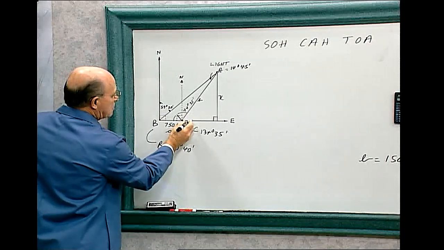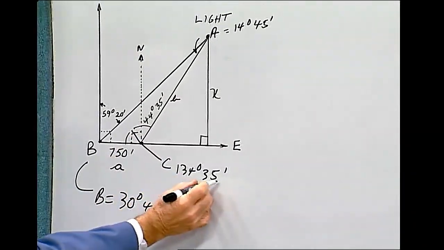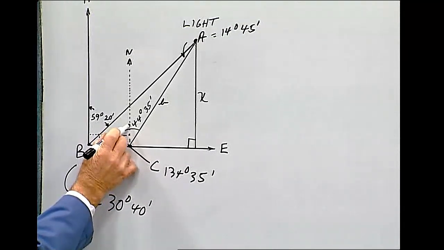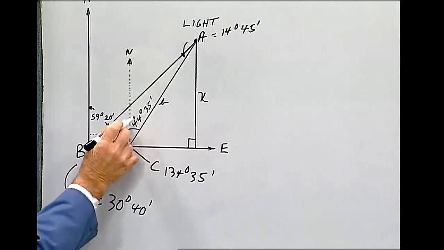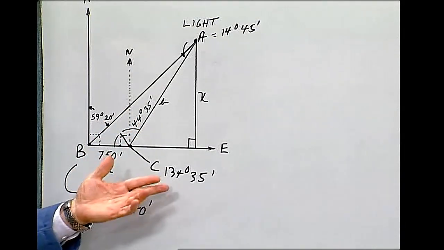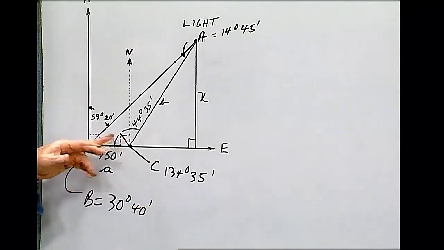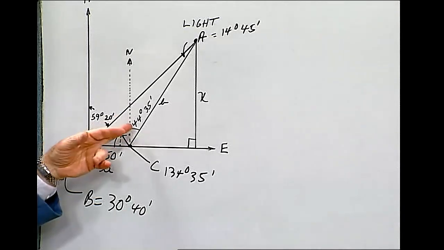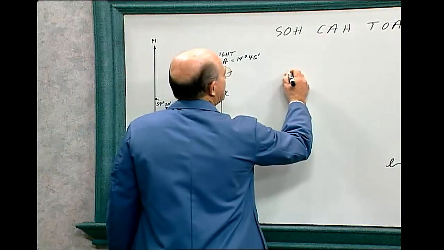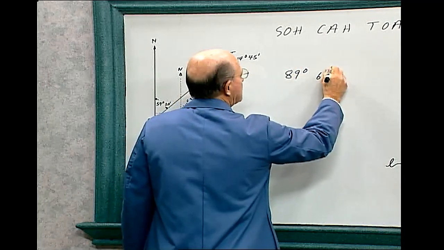Now we know this is 180 degrees, and we know this is 134 degrees 35 minutes. And we also know that this angle from here to here is 44 degrees 35 minutes. Now we could take 180 degrees and deduct 134 degrees 35 minutes, or we could use 90 degrees and deduct 44 degrees 35 minutes. So we'll use 90 degrees, so that would be 89 degrees and 60 minutes.